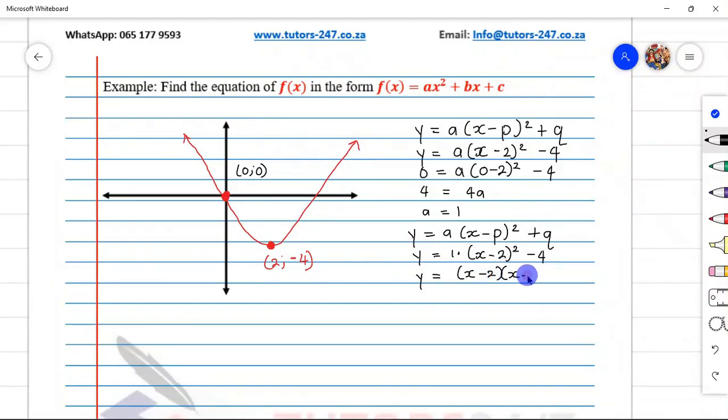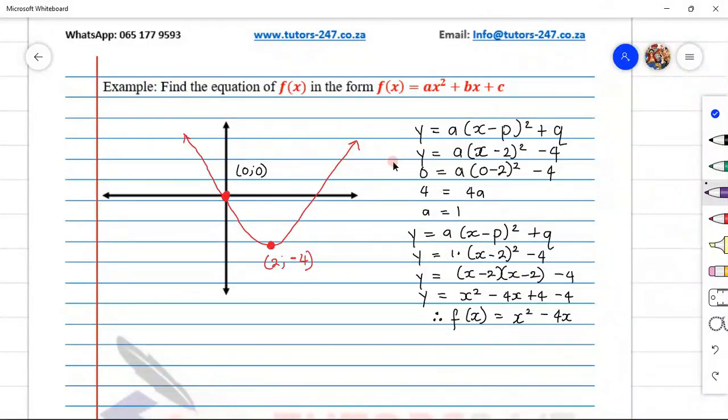So we have (x minus 2) times (x minus 2) minus 4. That then gives us x squared minus 4x plus 4 minus 4. And therefore, our standard form of f is then equal to x squared minus 4x. So that is the equation of our function f.